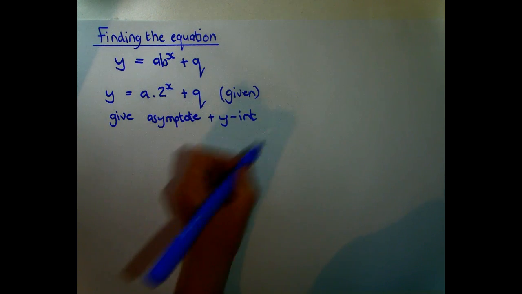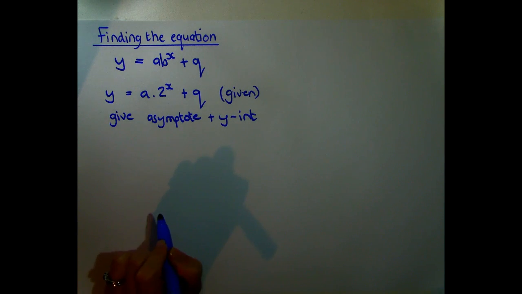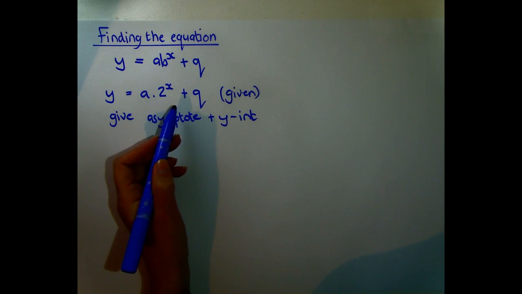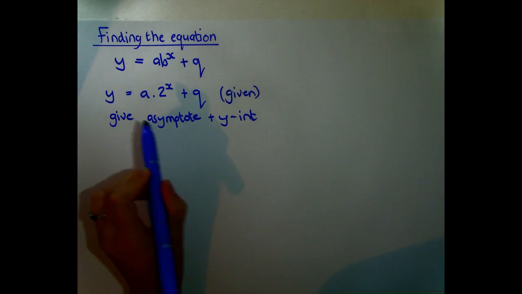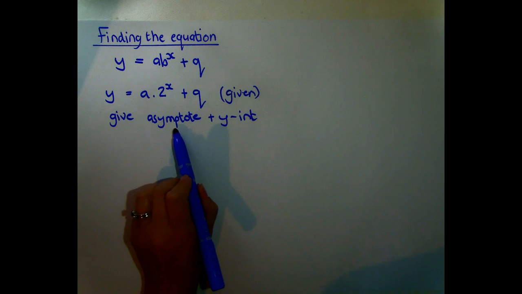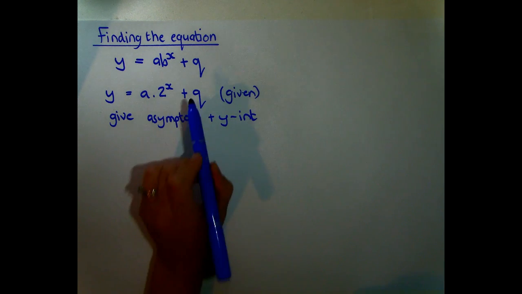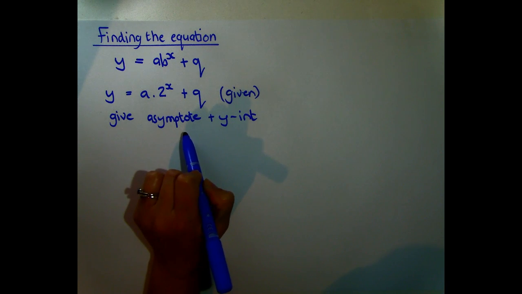They'd have to give you a bit more than with the parabola and hyperbola because there are more variables here. If you have the asymptote, then you immediately have the q value, so you can plug it straight in.